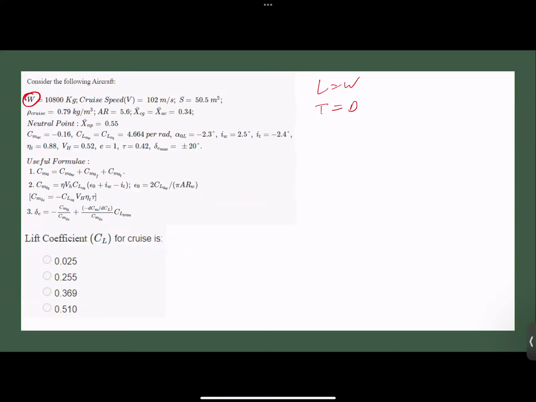The equation for lift was half rho V squared S CL. And from there you can get CL is 2, instead of lift, you can take W, so 2W by rho V squared S. When you substitute the terms, you get the answer. So yeah, this is the equation here. When you substitute it, you get it as 0.51.